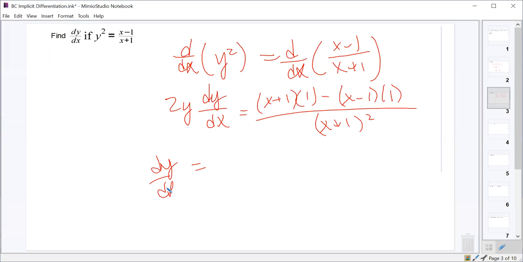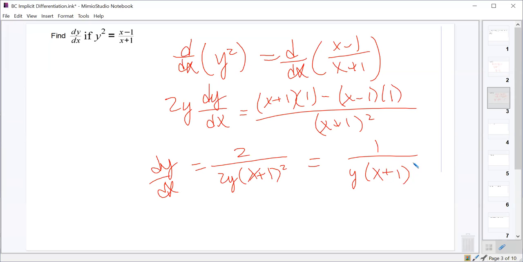So we get dy dx equals 2 over 2y times x plus 1 squared. When we bring the 2y from the left to the right, cancel out the 2's, 1 over y times x plus 1 squared. Easy enough?